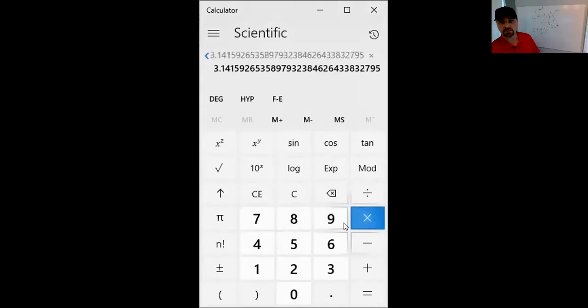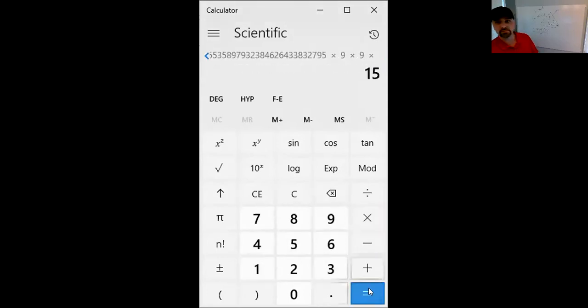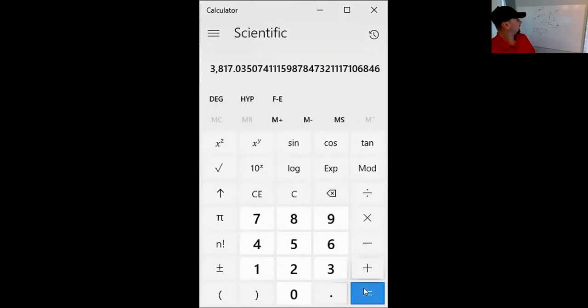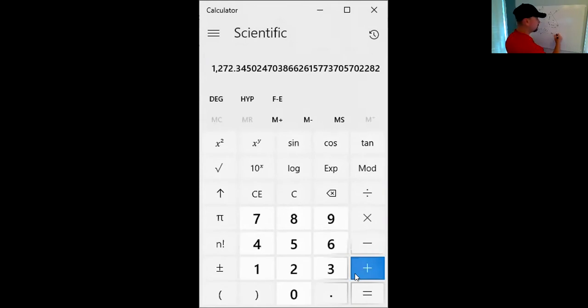Pi times the radius squared, so 9 times 9, times the height of 15, and divided by 3, equals 1,272.345. So let's just call it 1,272.35. This is listed in inches. So since this is volume, it's cubic inches.